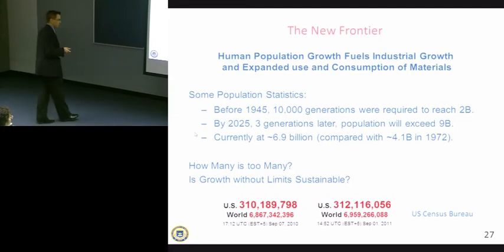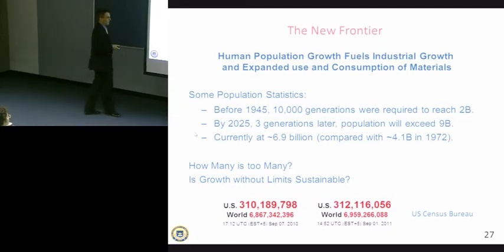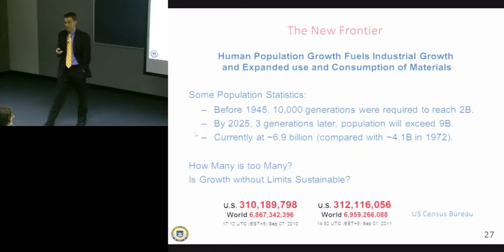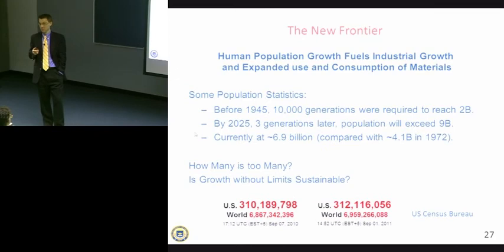About a year ago, I went to the clock and got these numbers. If you look at the U.S., we've increased by about 2 million people, and the world has increased by about 100 million people. Now, there are about 300 million people in the U.S., so roughly 1/3 of a billion.